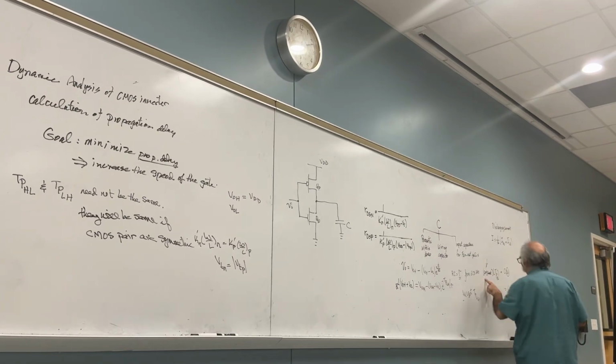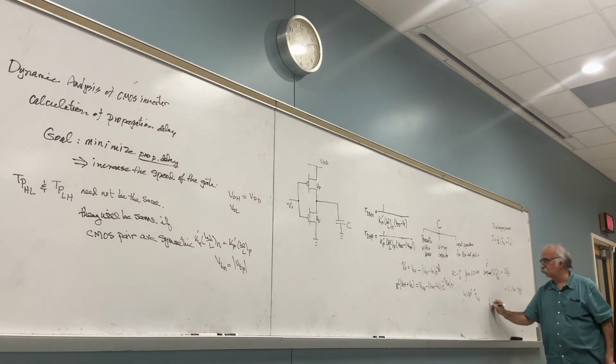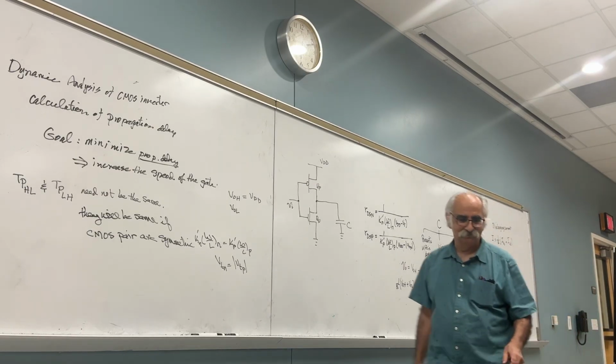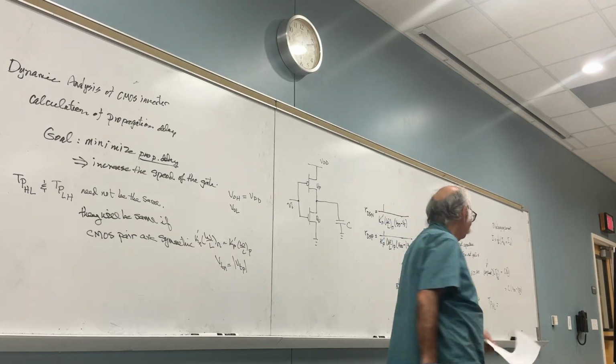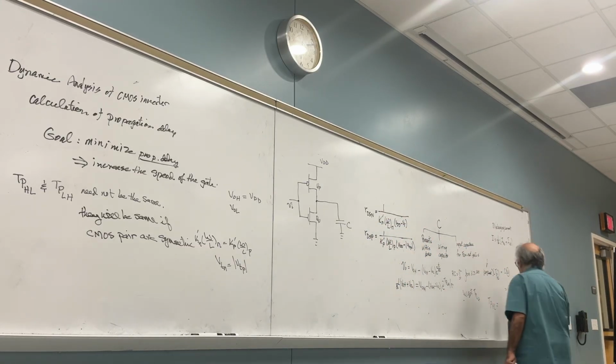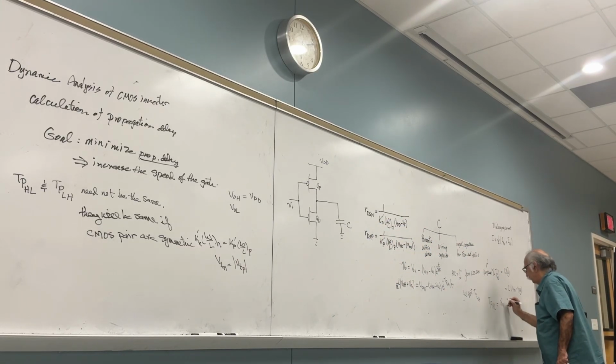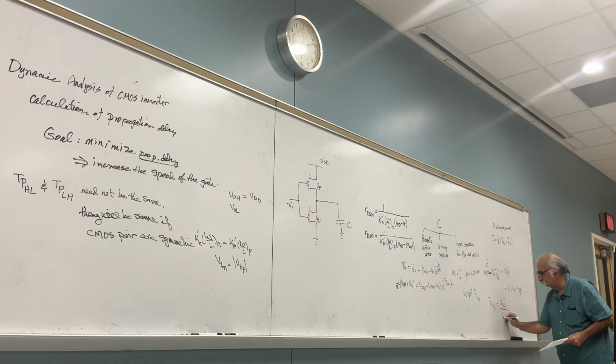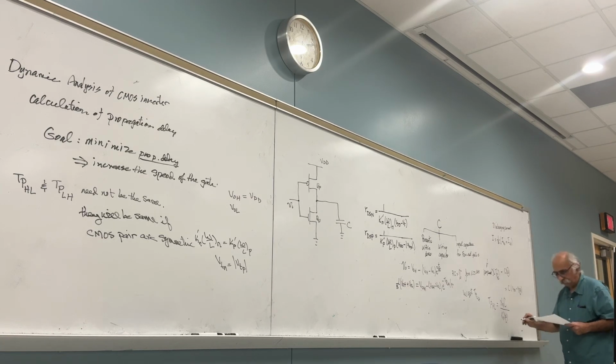And what is the only unknown? The only unknown is t_pHL, and you get t_pHL equal to alpha_n C over k_n W over L times VDD.